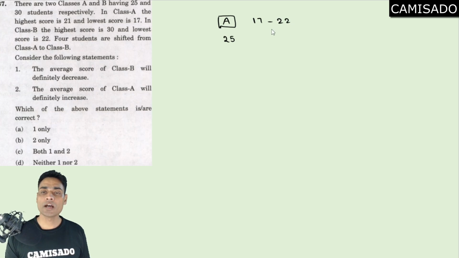Range means lowest and the highest. So maximum marks are 22 in this class and minimum is 17. In class B, we have in all 30 students, and their highest score is 30 and the lowest is 22. So the range is 22 through 30.